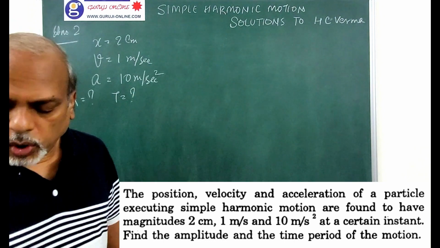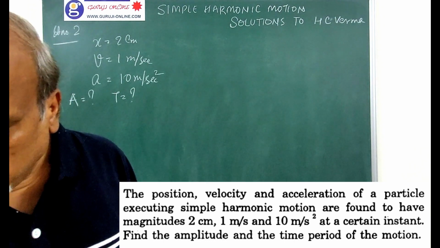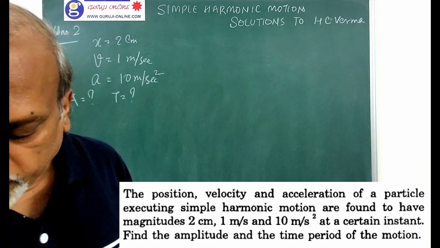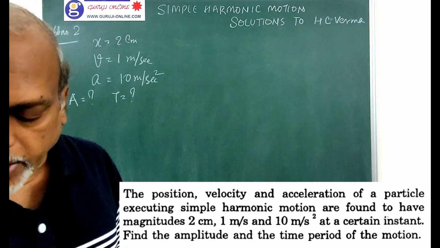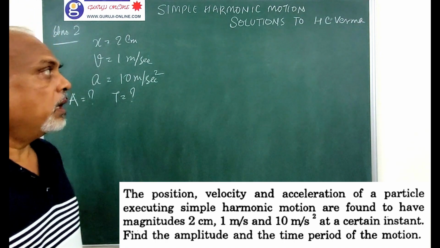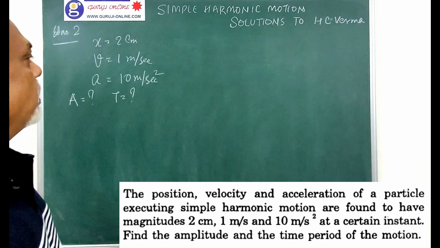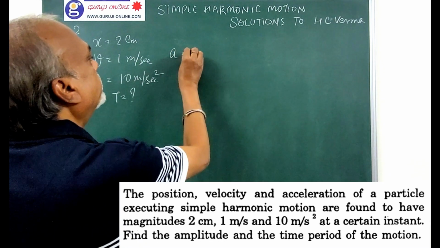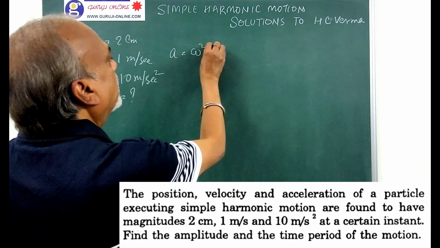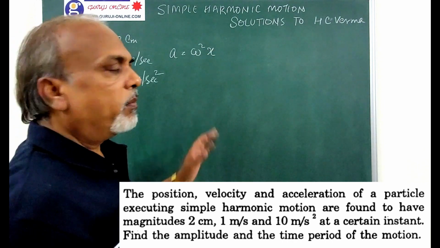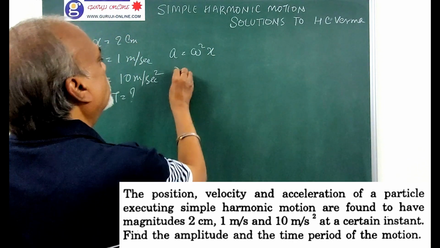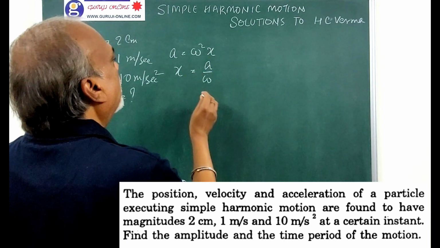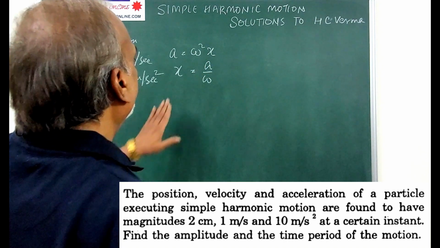Correct? So in this question, certain parameters are given, certain parameters we have to find out, and we know that acceleration is given. We know that a is nothing but omega square x, of course this is magnitude, so omega square is a upon x, or x is given.